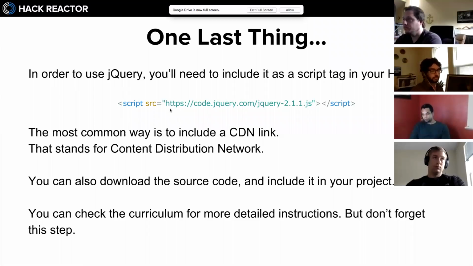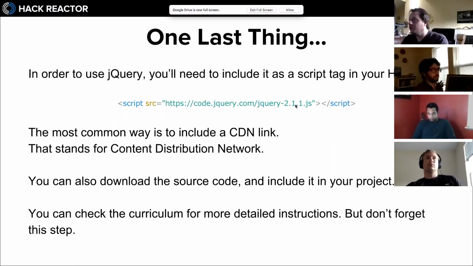So this is just a link that exists out on the internet, and it's essentially a server that has jQuery loaded onto it. And when you include this script link on your page, when the page loads, it goes and asks that server for the jQuery library, and the server gives it to it and then loads it on your page.